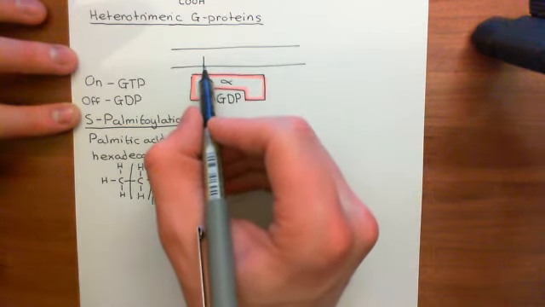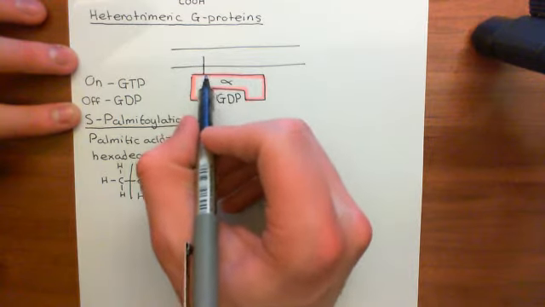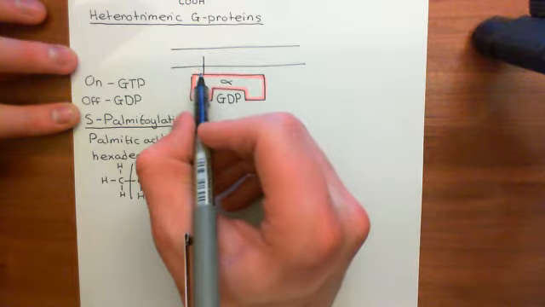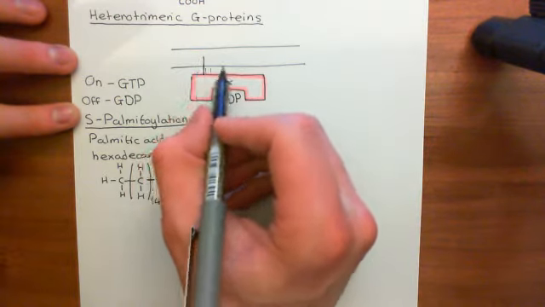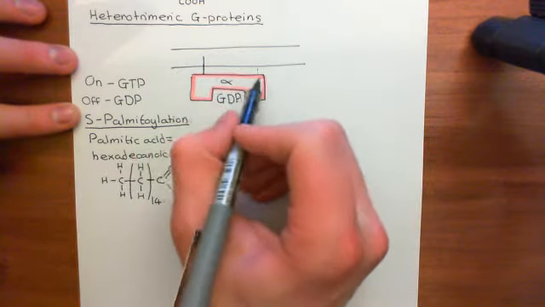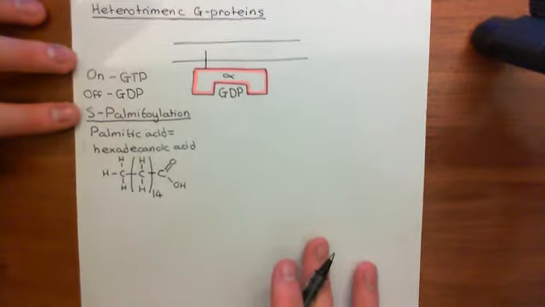This will then interact very poorly with the water in the cytoplasm, so it results in this lipid moiety ending up sticking in the phospholipid bilayer and holding the alpha subunit of the heterotrimeric G protein under the inner leaflet of the phospholipid bilayer.